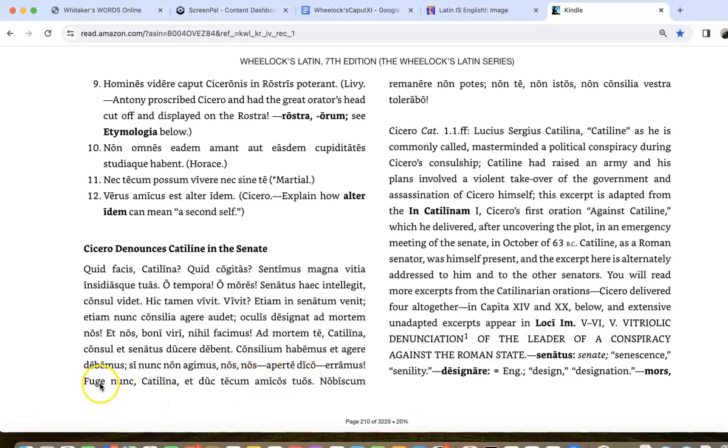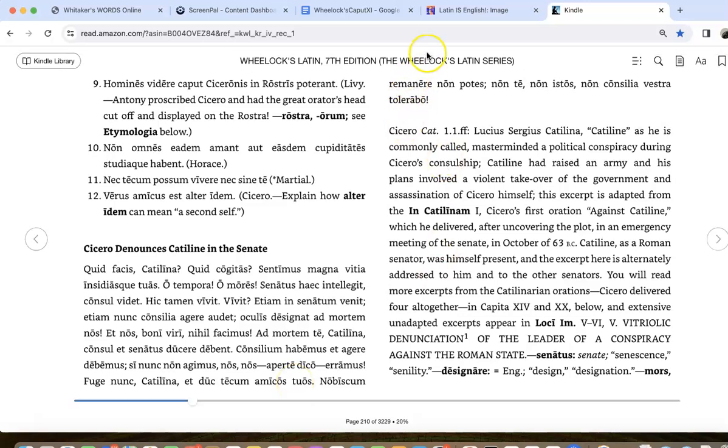So it's a good review of the imperative, chapter 1. Notice the imperative doesn't end in -o, -s, -t, -mus, -tis, -nt, but has a different ending, which you may recall from chapter 1. So please look at chapter 1. Of course, giving a command is the function of an imperative. So flee now, Catiline, and take your friends with you. In other words, your co-conspirators.